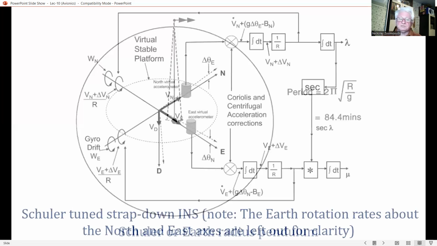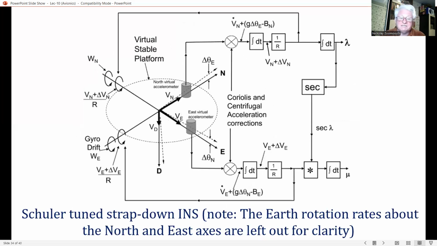The Schuler-tuned stable platform was the only viable way of accurately deriving the north and east components of the aircraft acceleration from the early 1950s to the late 1970s, so nearly 20 years. This is because of limitations in angular momentum gyro technology.